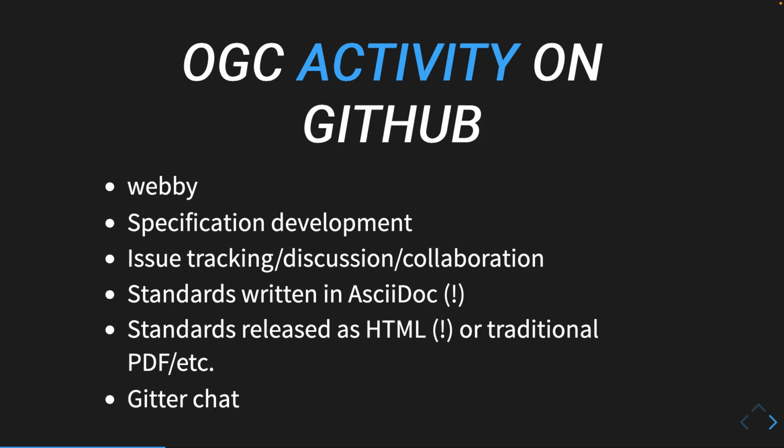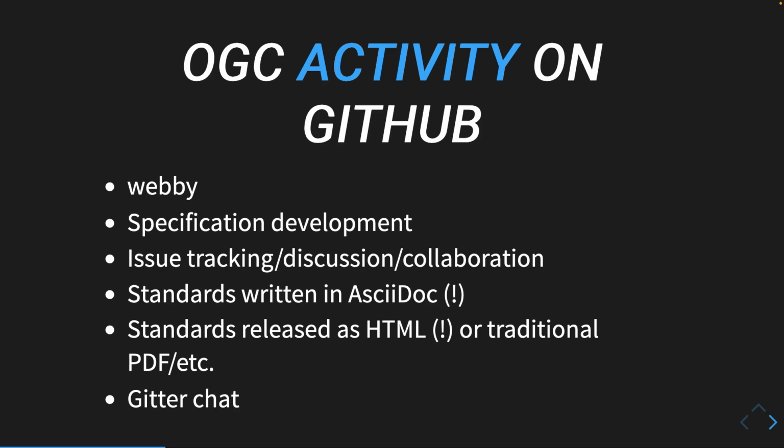The standards themselves are being written in AsciiDoc, and they're now typically released as HTML, and they're very easy to work with, and very easy to put on the web and make them, again, more webby and web developer friendly.